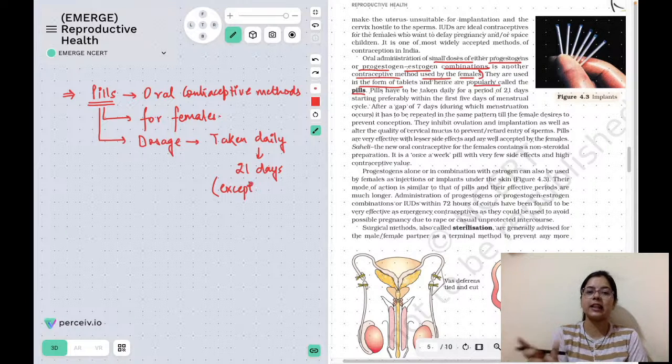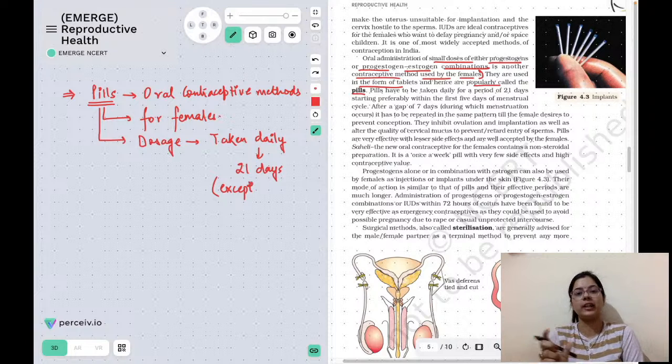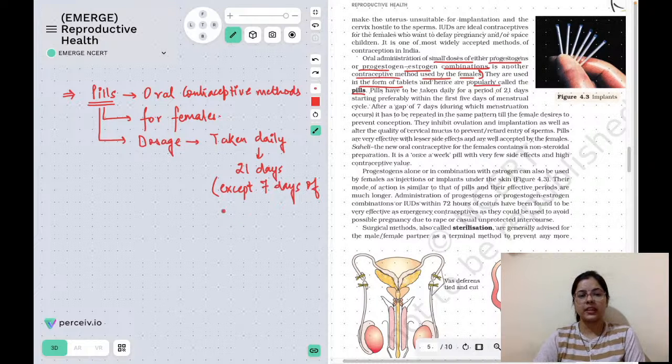Except for the menstrual flow phase, ultimately these 21 days are completed. So it is taken except for the 7 days of menstrual flow. So this is the case.